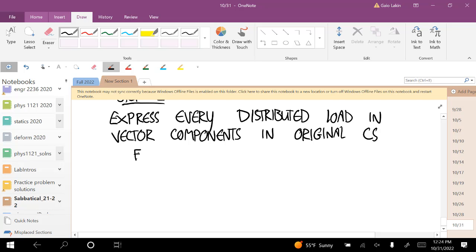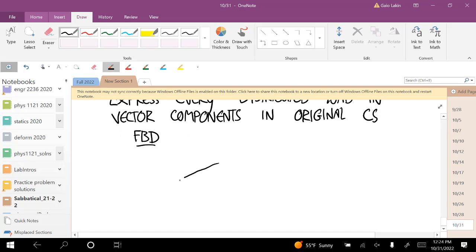Our free body diagram has the force vector we just calculated at the upper right, so that's negative 50.28, positive 202.61.